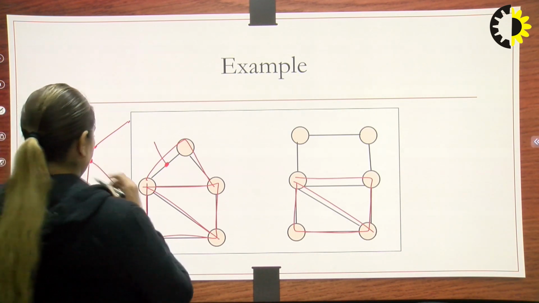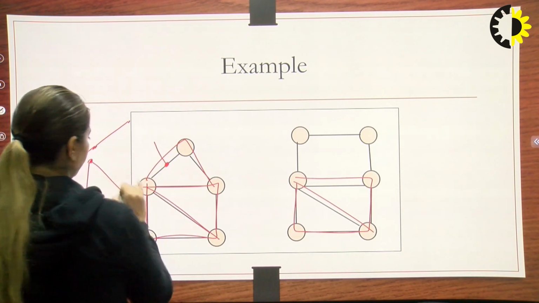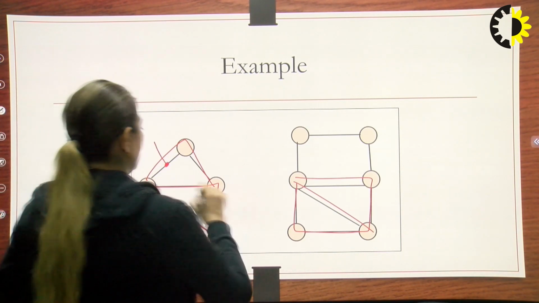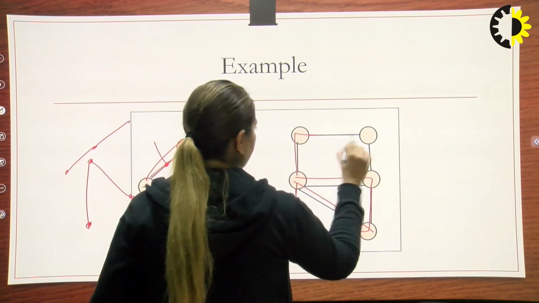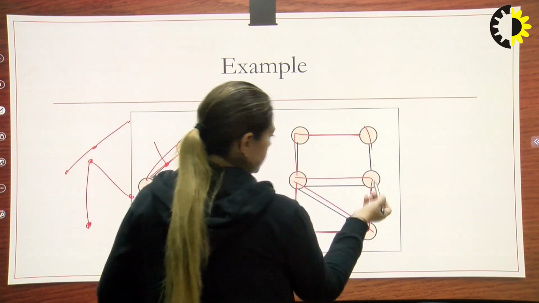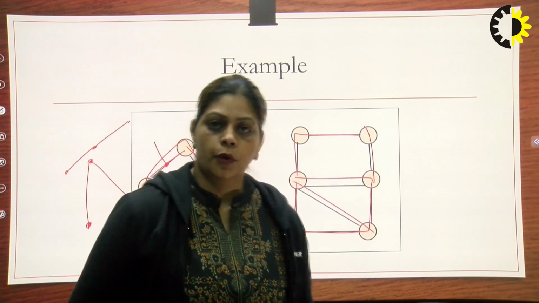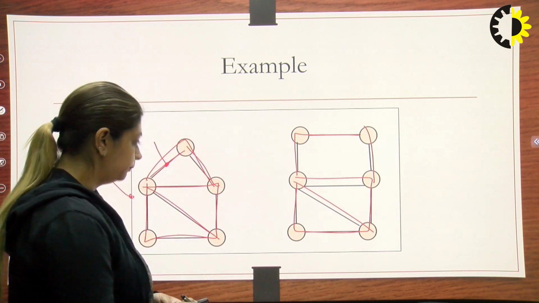Or this way. See, when we have pulled this edge it can be made like this. Okay, this edge can be made like this, right? This vertex is already there. Then these are also homomorphic graphs.